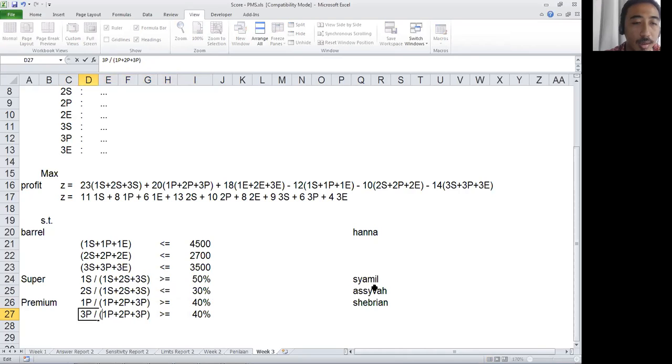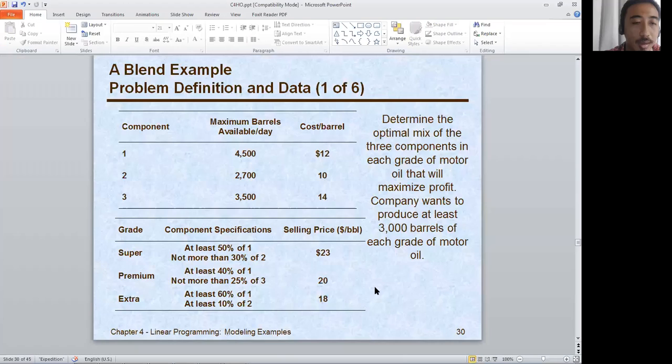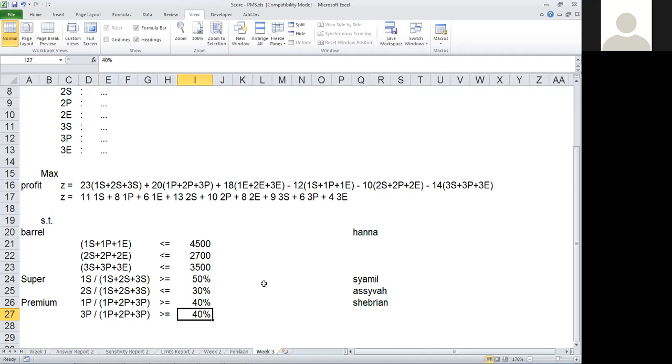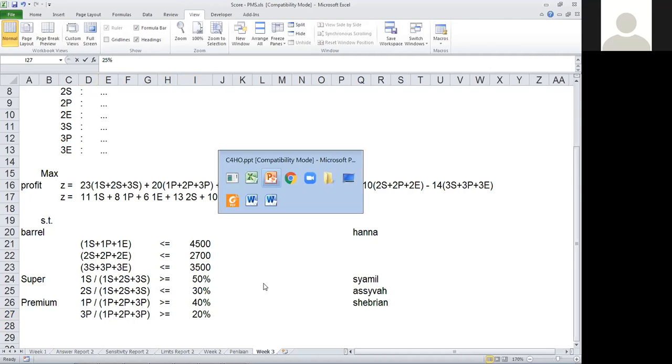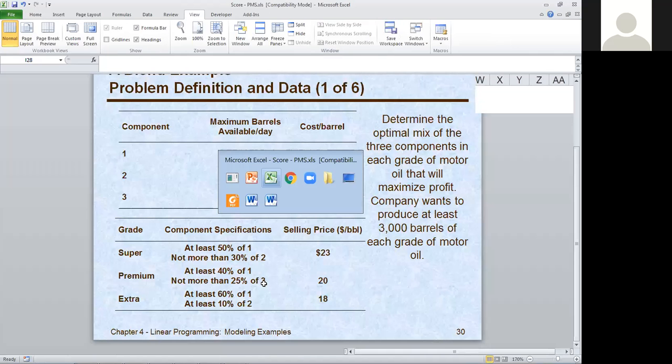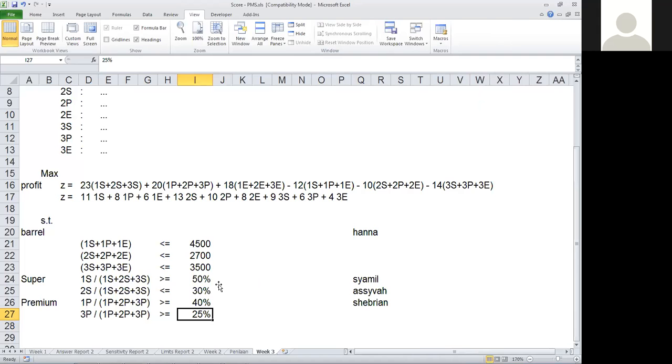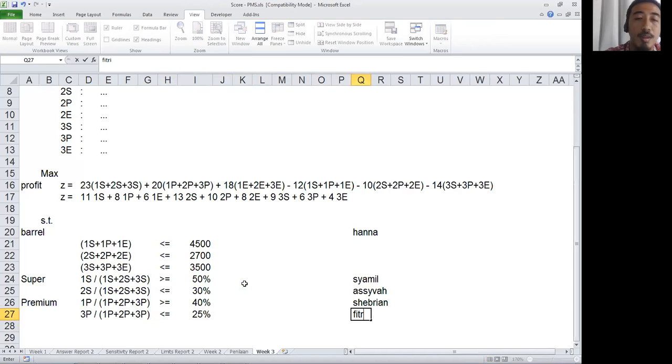What was that number, sir? 20% of 3. So? Less than or equal. Not more than. Less than or equal. Okay, good, V3. Thank you.